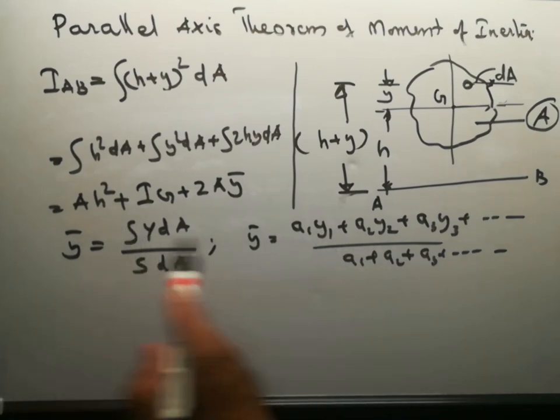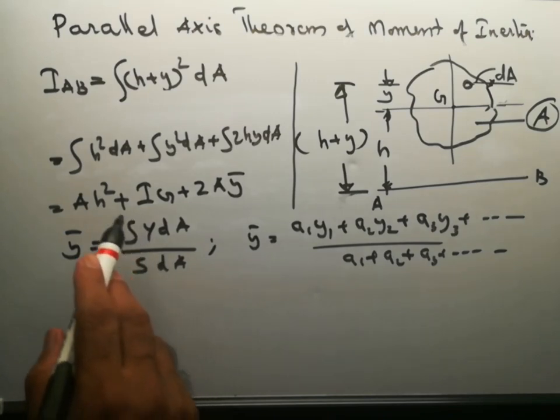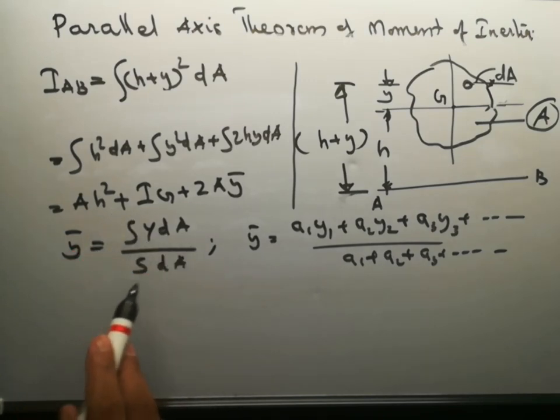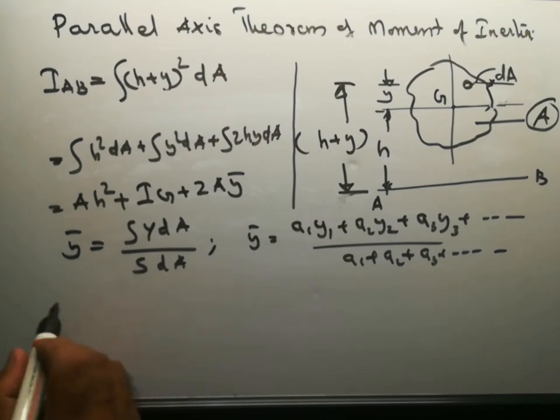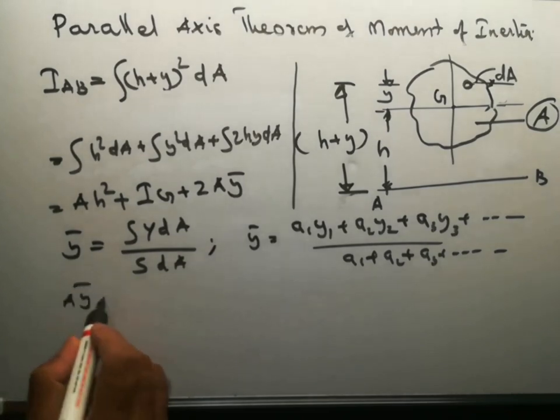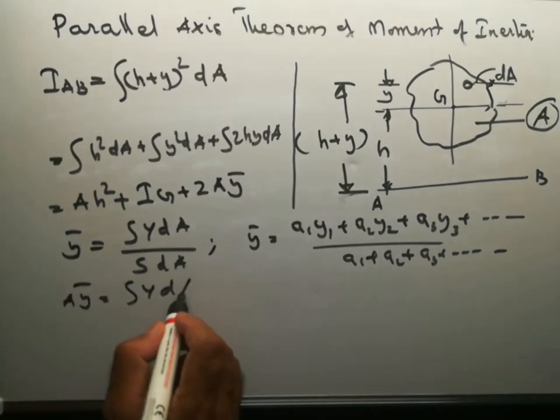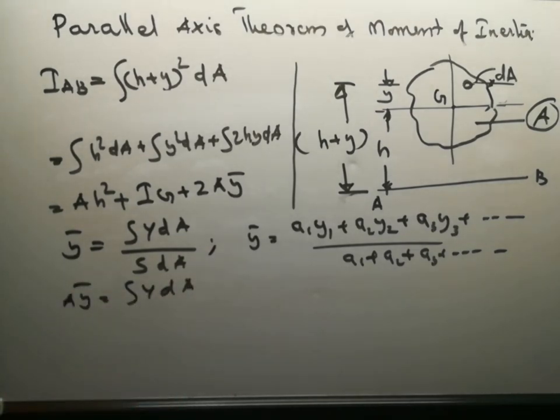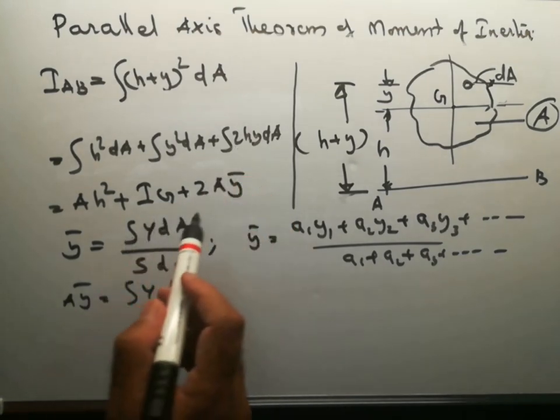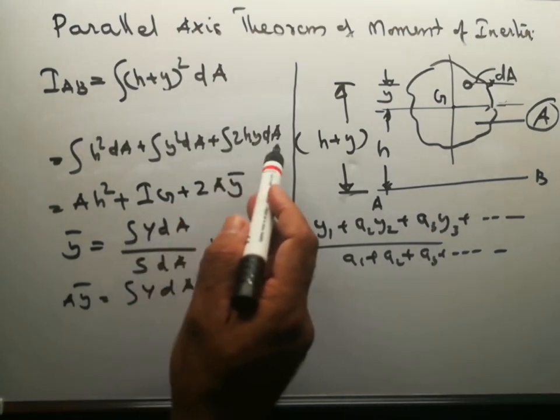So that can be written in integral form like integral y dA by integral dA. Then integral dA will be A, so A y bar is equal to integral y dA.